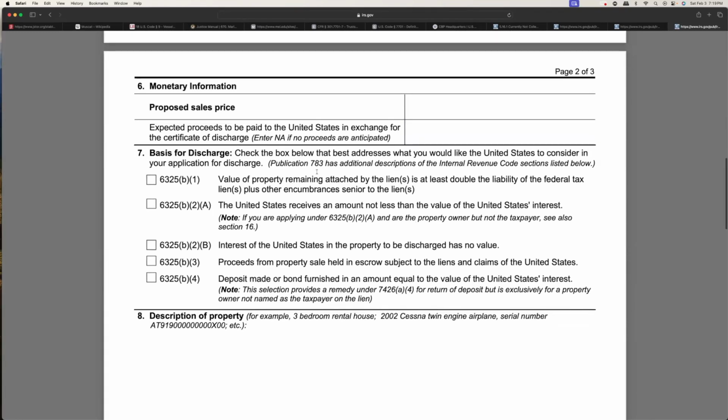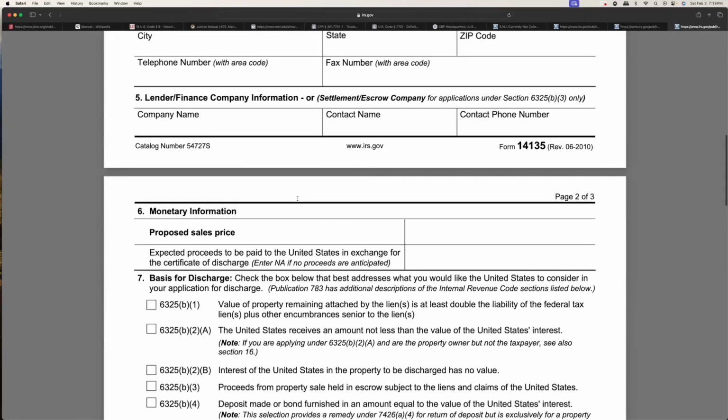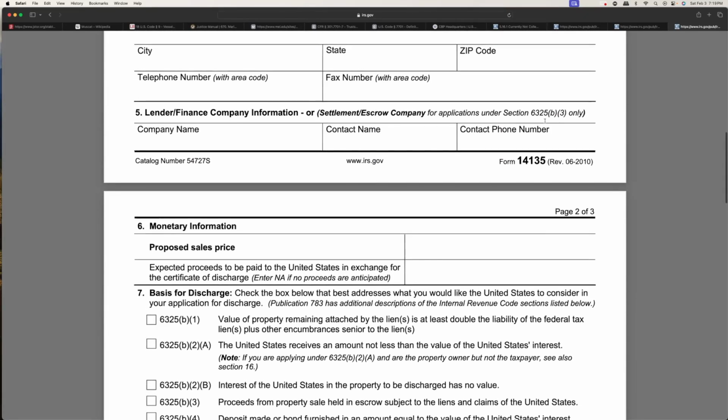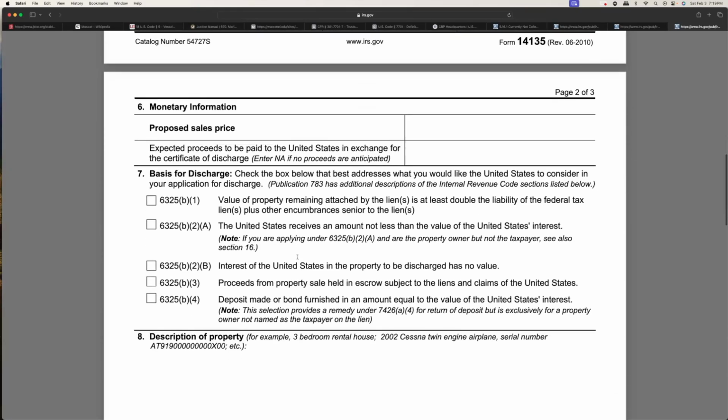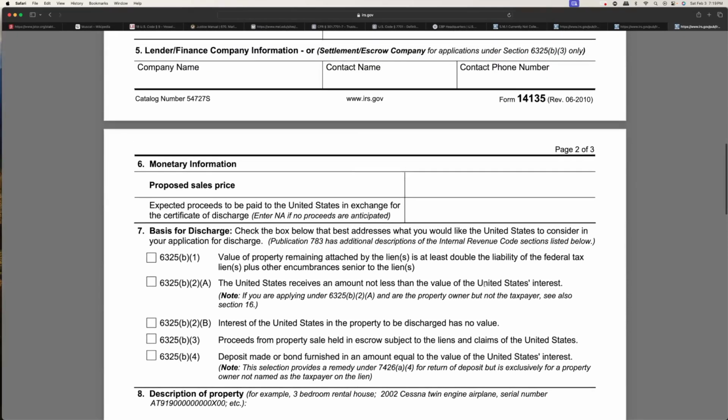Number 7, what is the basis for the discharge? So that, like I said, if we were a lender, we would have to go under B3, which says proceeds from property sale held in escrow is subject to the liens and claims of the United States. So that does not apply.